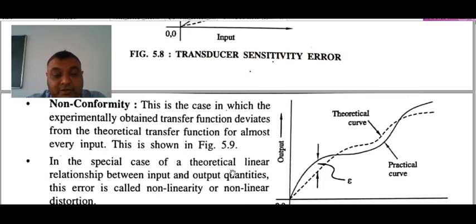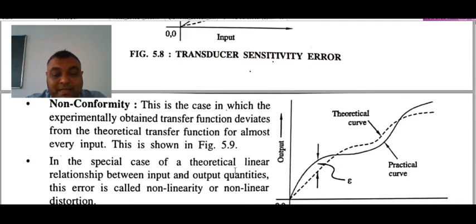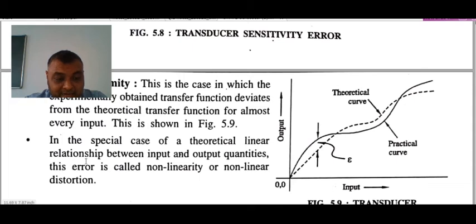So you can see for every input it is going to be deviated. In the special case of a theoretical linear relationship between input and output quantities, this error is called non-linearity or non-linear distortion. You can see there is no linearity if you compare input and output at any given time.